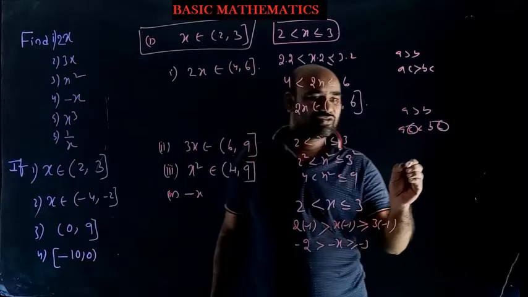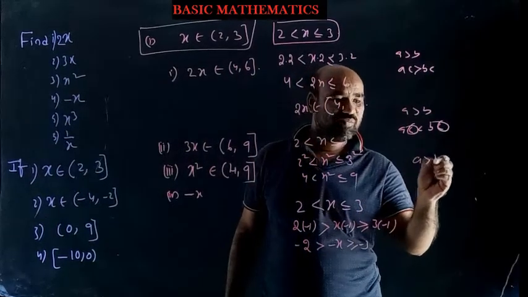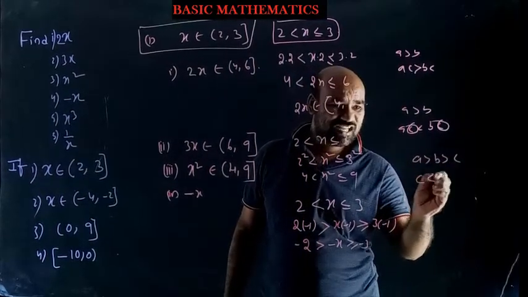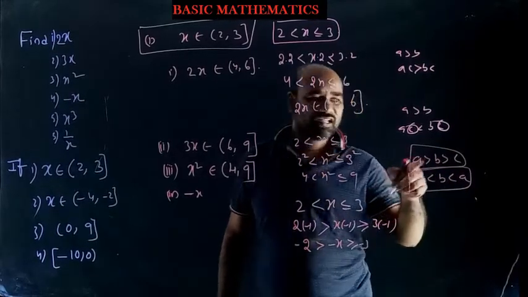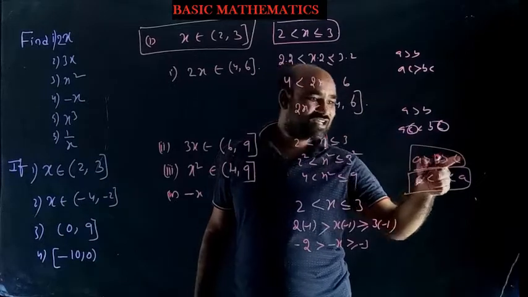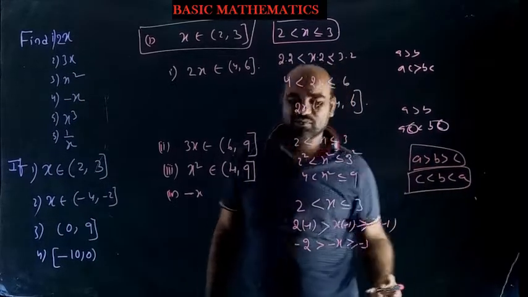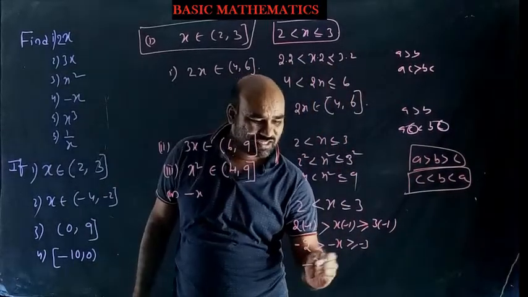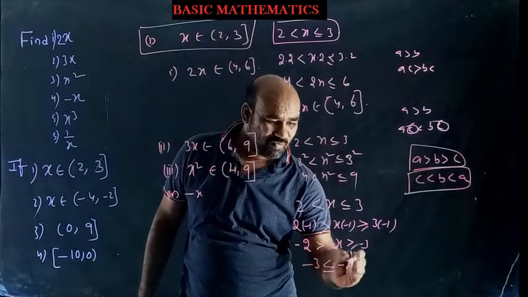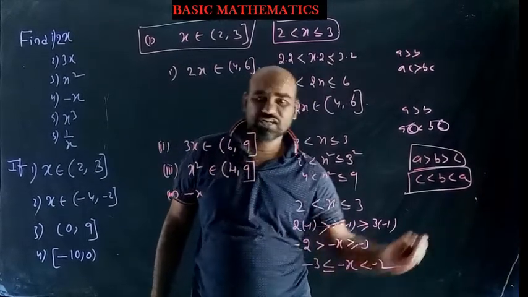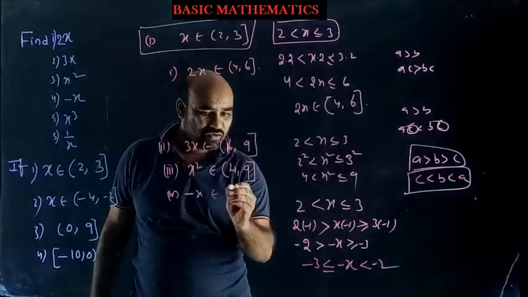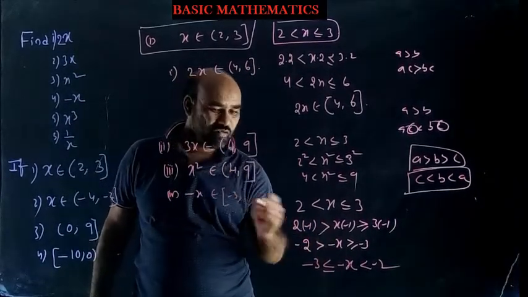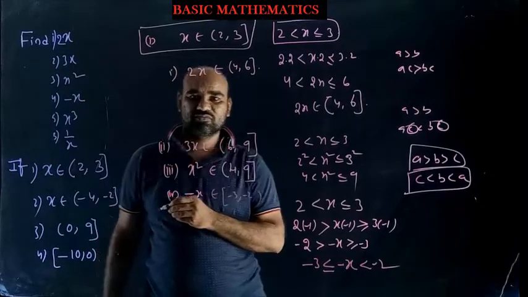Important note: A greater than B greater than C is the same as C less than B less than A. Both are the same. That's why I can write minus 3 less than or equal to minus x less than minus 2. Therefore, what can I write here? Minus x belongs to closed minus 3 to open minus 2. Don't confuse.